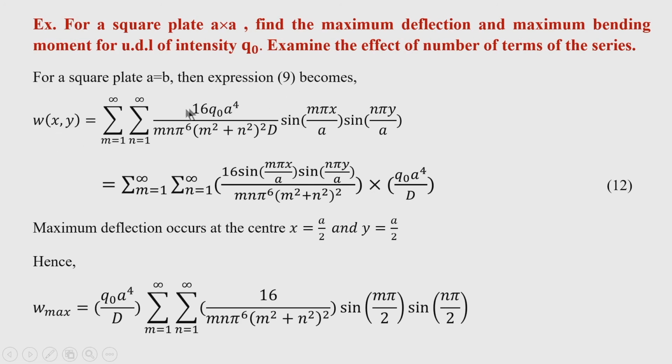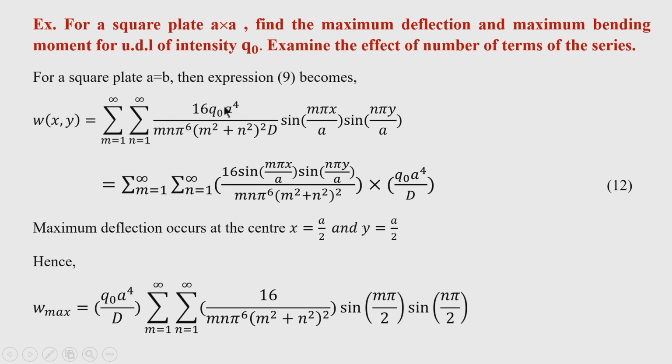So, w(x,y) is given as the summation of 16 q naught a to the power 4, because a is equal to b. I have manipulated this such that only the dimension factor a remains here.